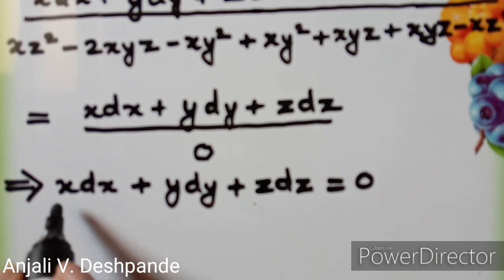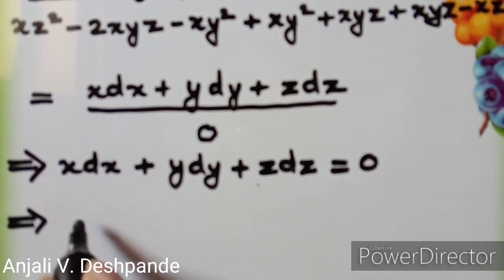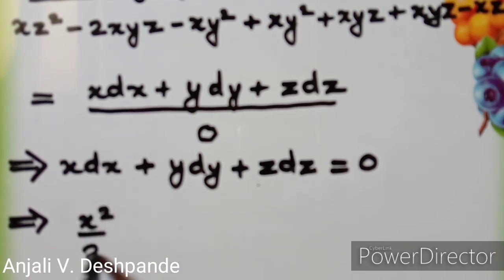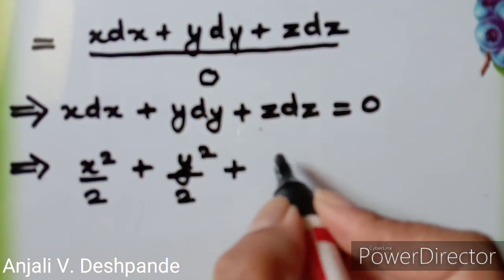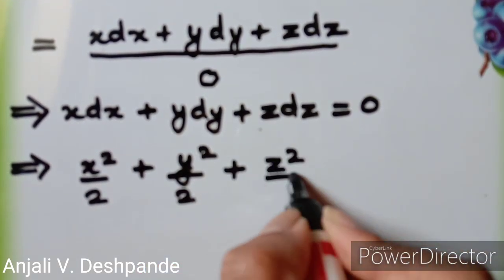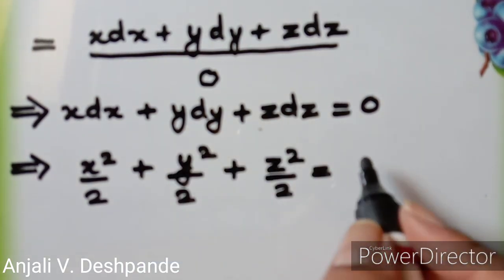Now we are going to integrate this. So integrating, we will get x square by 2 plus y square by 2 plus z square by 2 is equal to, let us say, c1 dash.